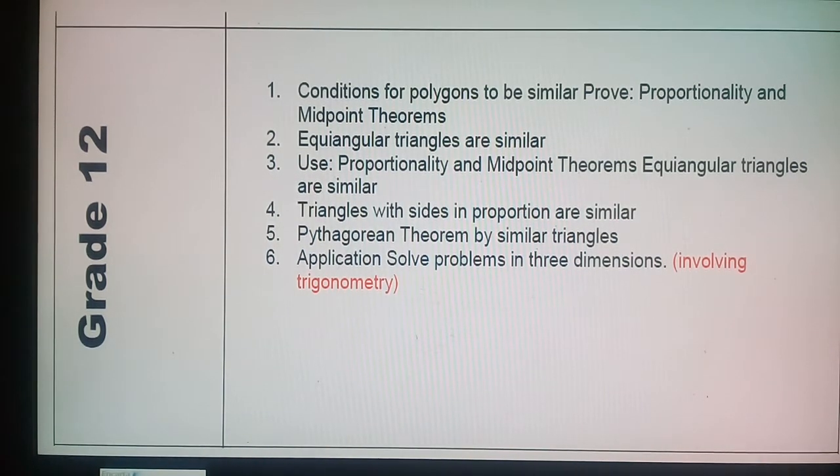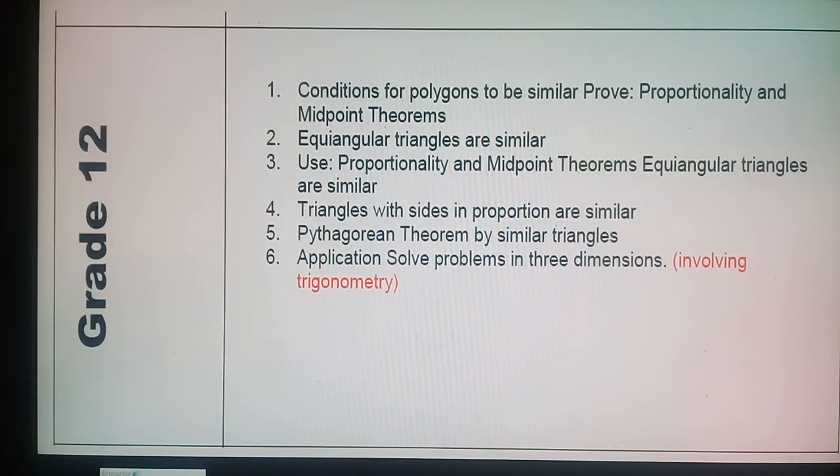Number 2, we have to know equiangular triangles are similar. If I have two triangles that have equal angles, it means they are similar.